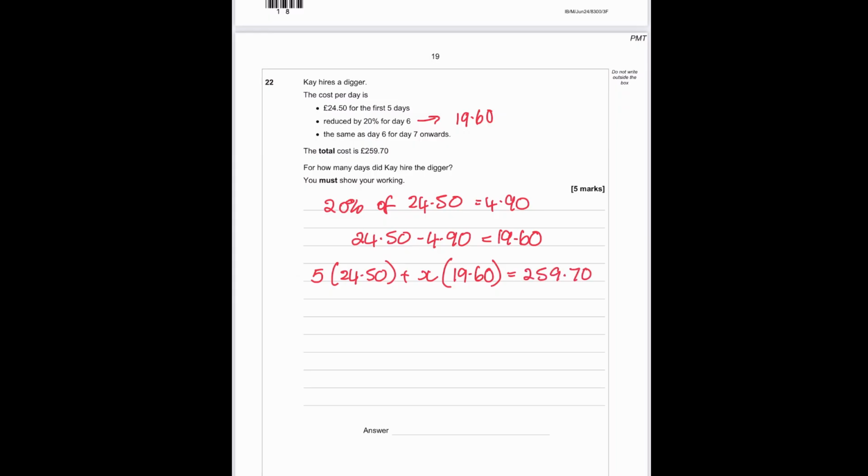So if I take away this from that, I get x times £19.60 equals £137.20. And if I divide both sides by £19.60, I get the answer 7. So she hires the digger for 5 days at that first rate and 7 days at the second rate. So the answer is 12 days.